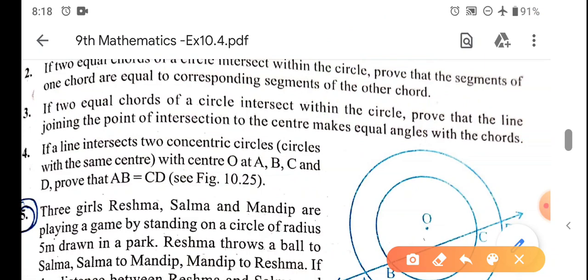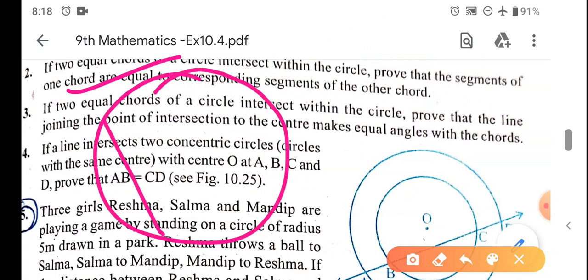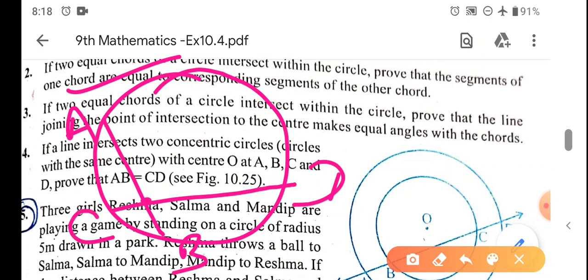Now question number 3. If two equal chords of a circle intersect within the circle, prove that the line joining the point of intersection to the center makes equal angles.